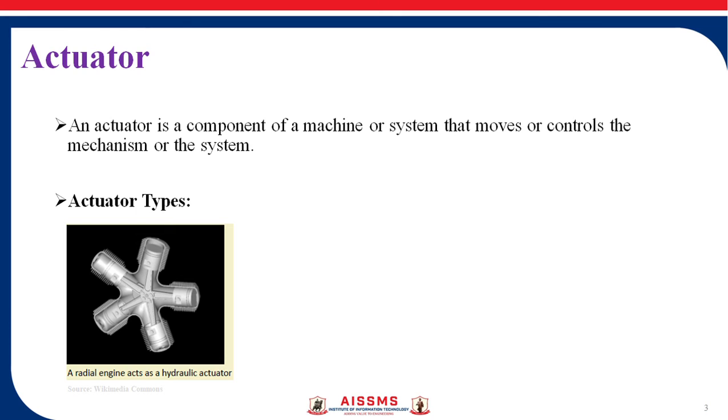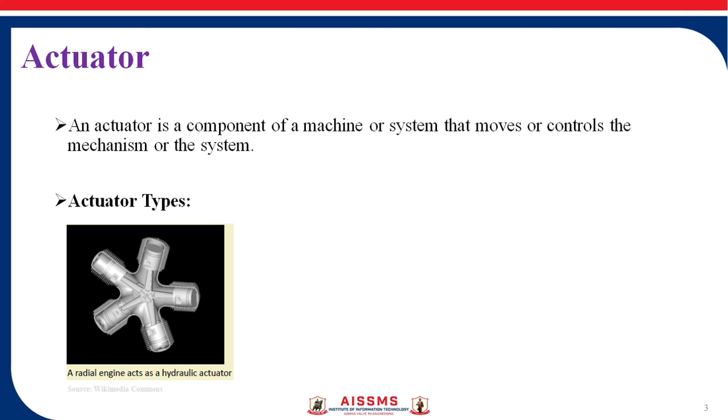There are different types under actuator. We have hydraulic, pneumatic, electrical, thermal or magnetic, and mechanical. If we consider a hydraulic actuator, it consists of a cylinder or a fluid motor that uses hydraulic power to facilitate mechanical operation.